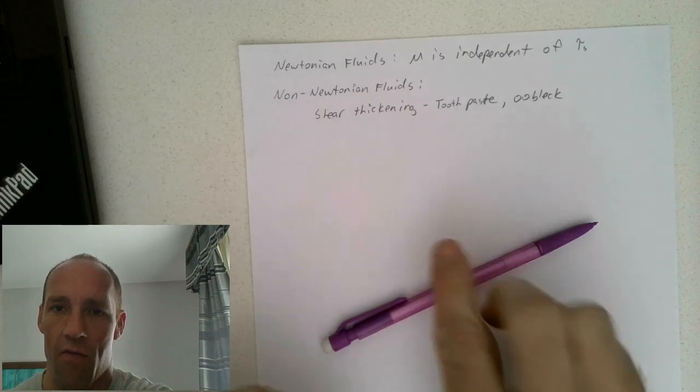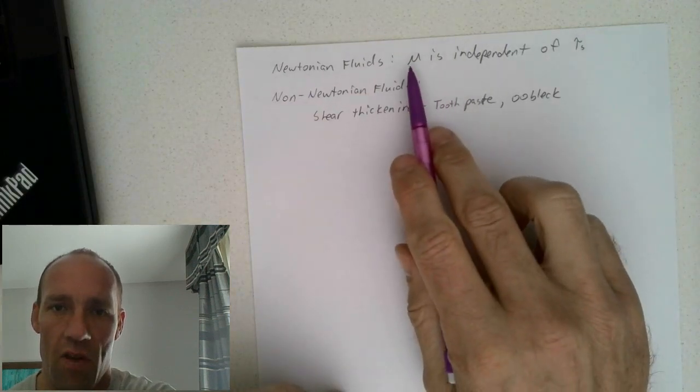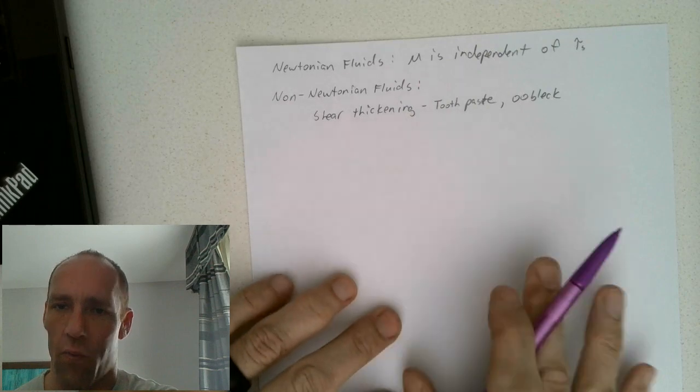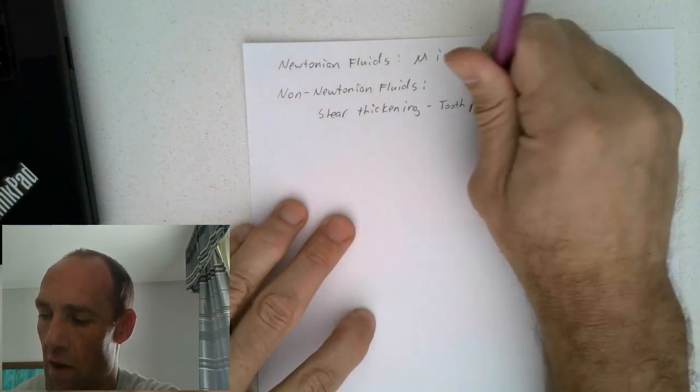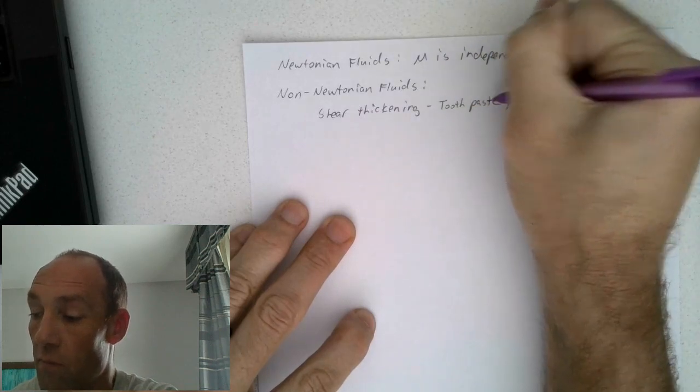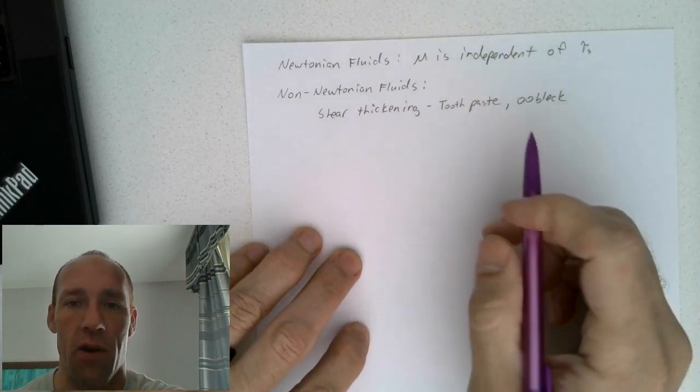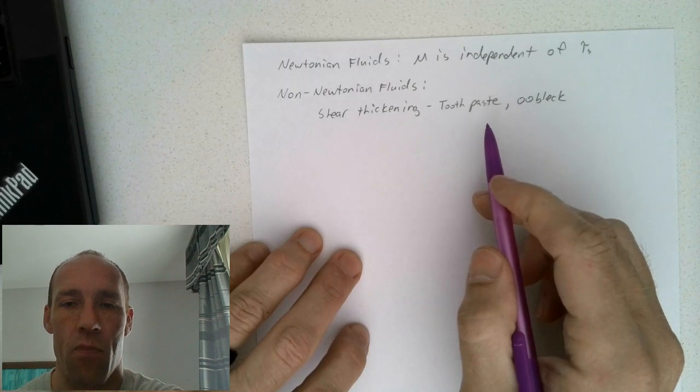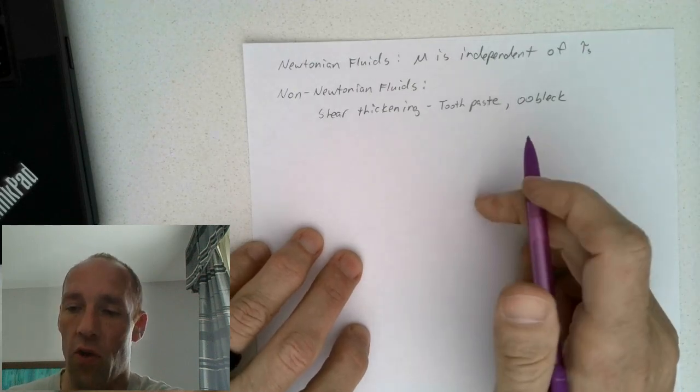It behaves as if this viscosity has increased greatly. You can find videos, and I'll post a couple of non-Newtonian videos describing non-Newtonian fluids. I'm just going to pull them off of YouTube.